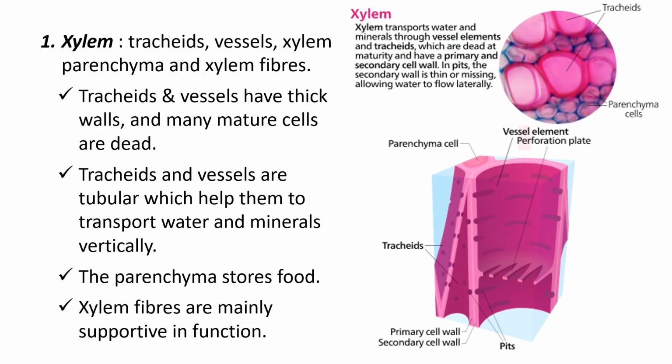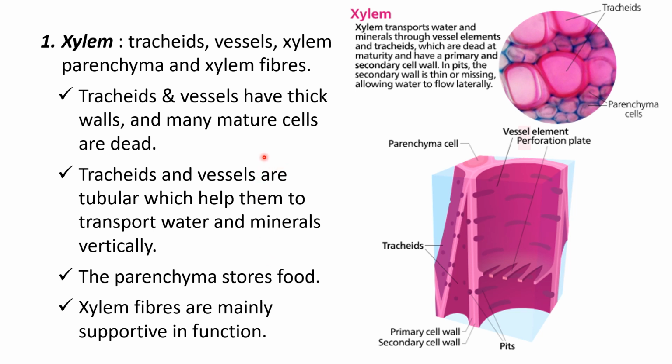Xylem, which is made up of tracheids, vessel elements, parenchyma, and xylem fibers, they help in transport of water and mineral vertically. The shape of tracheid and vessel element is tubular, so they are helping in transport vertically.